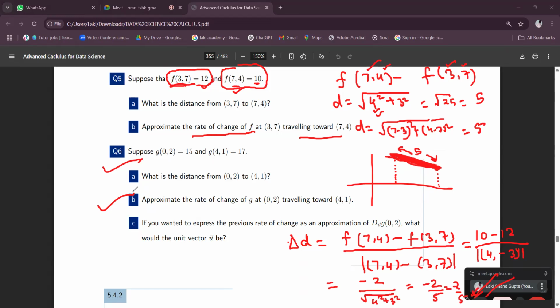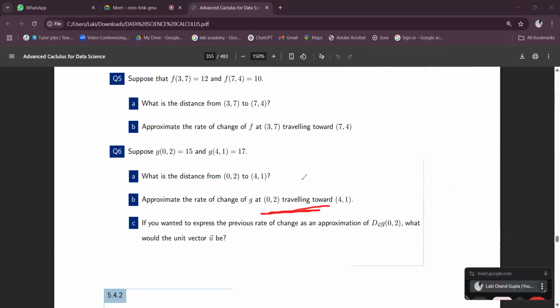It's gonna be 4 square 16 plus 1, 17, square root of 17. This is the distance between them, right? And after that we find the distance, then approximate the rate of change of g at (0,2) traveling toward (4,1).